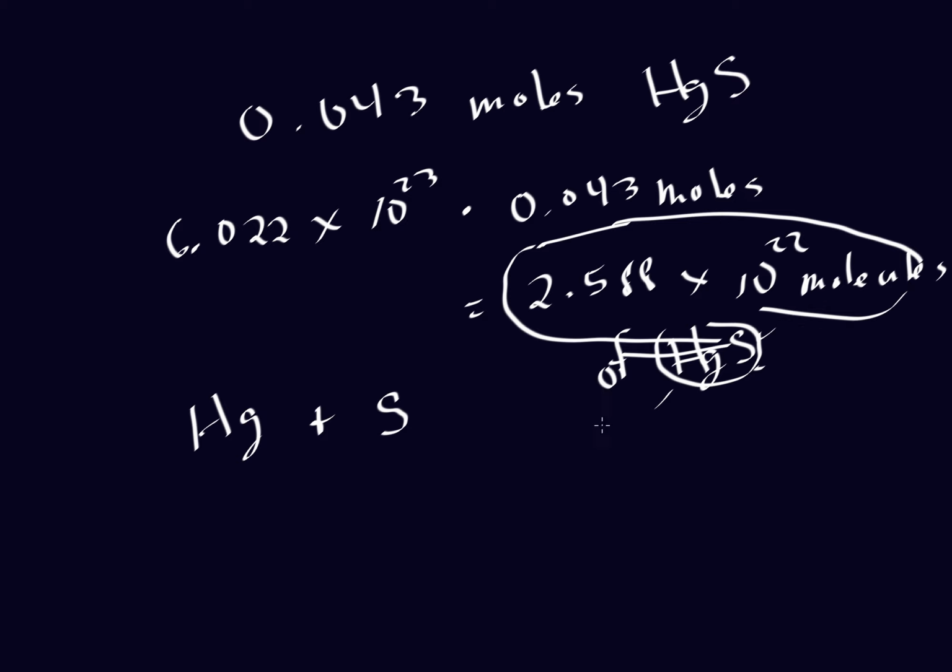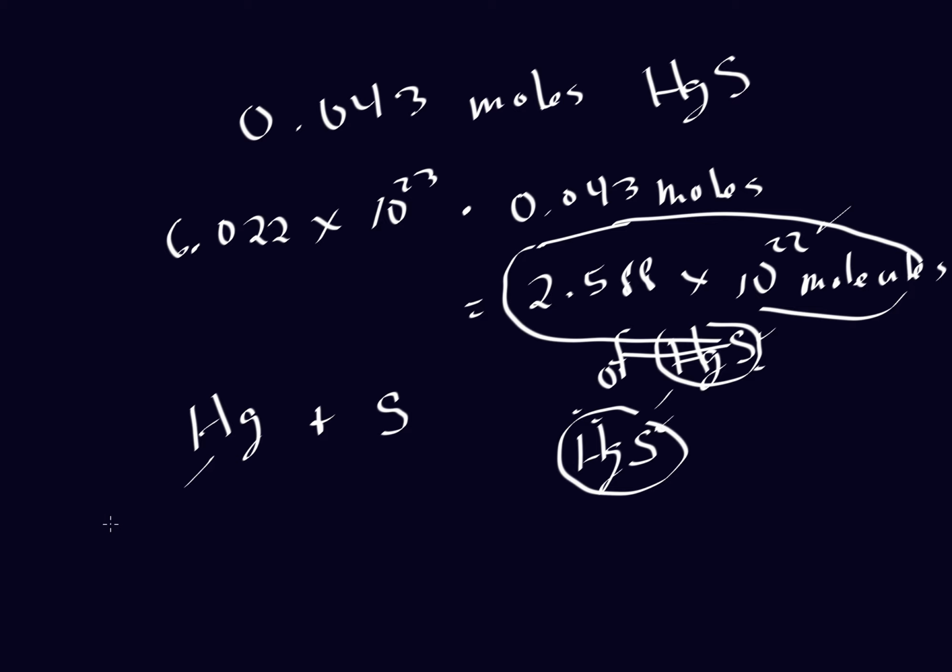Let's rephrase it a different way. If we have 2.588 times 10 to the 22 molecules of HgS, then that means we need the same number of mercury atoms and the same number of sulfur atoms.